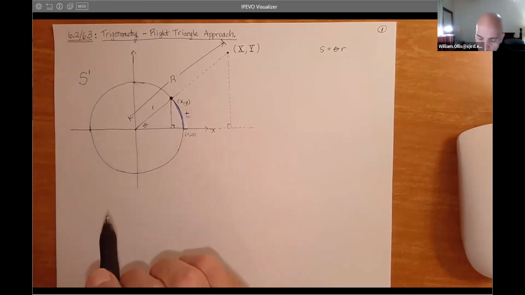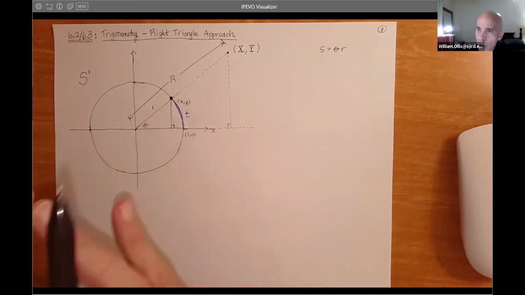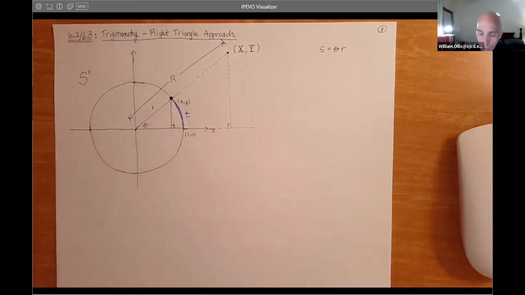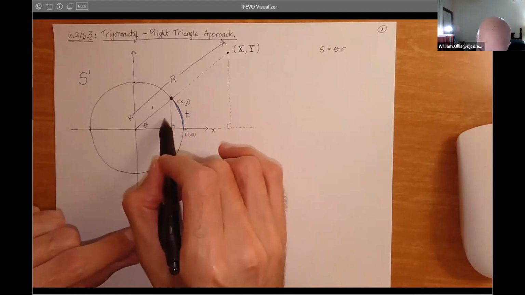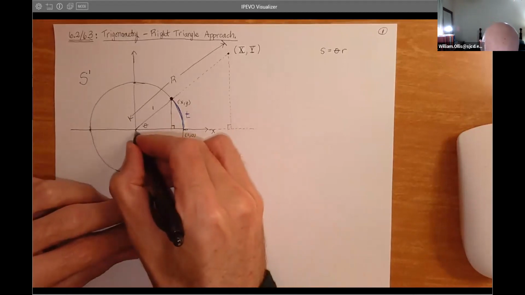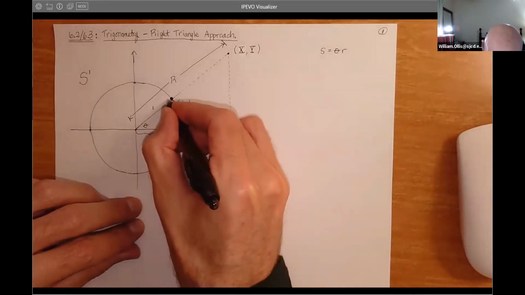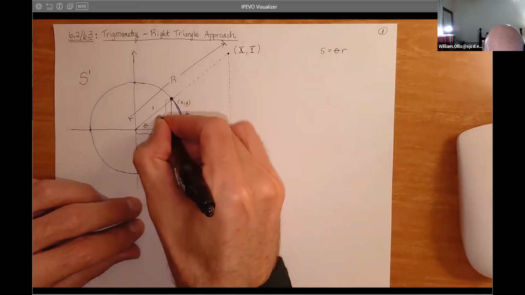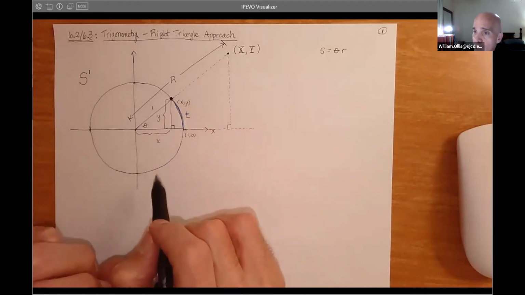Now, what we want to do is say, okay, what if we have a larger triangle? For instance, if we just focus here on the unit circle, we can say, well, again, this distance here is x. This distance here is y. And in terms of the right triangle, we can think of a ratio.